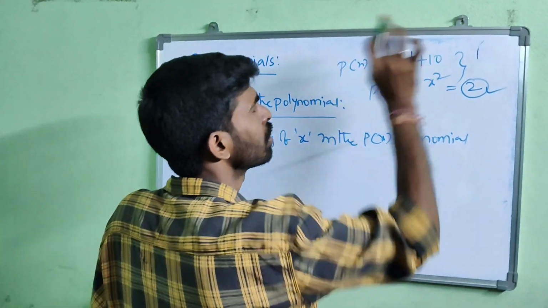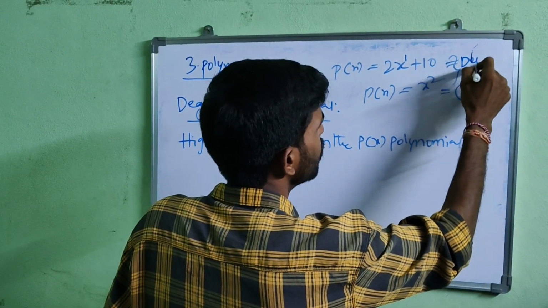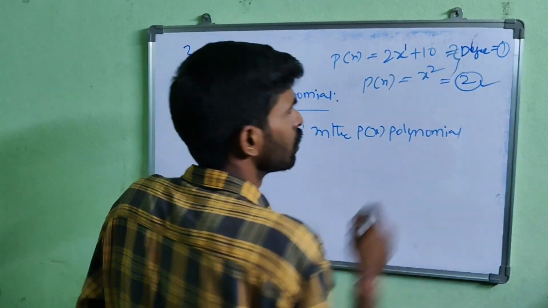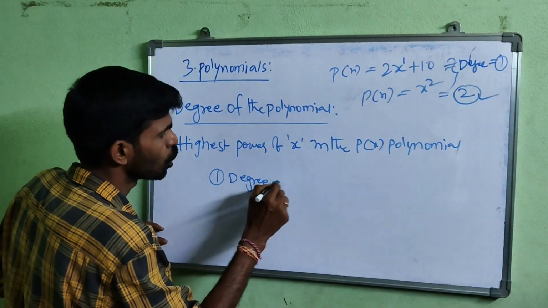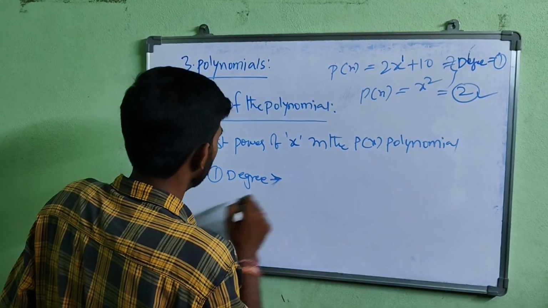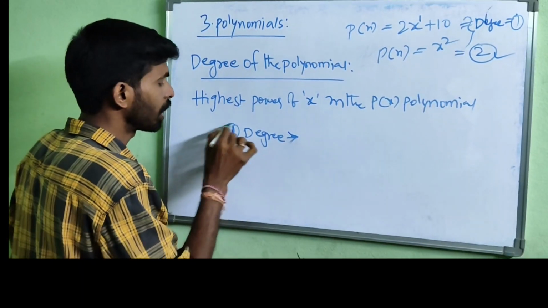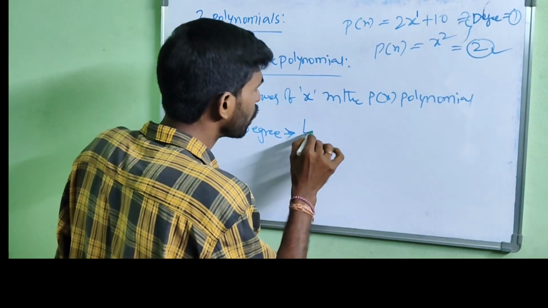That's why we take the highest power as 1, and the degree of this polynomial is 1. Okay.